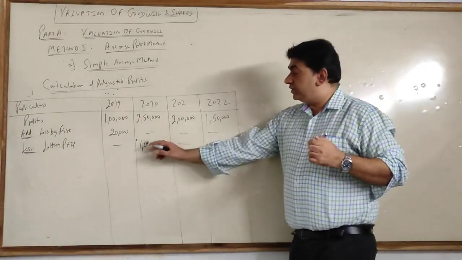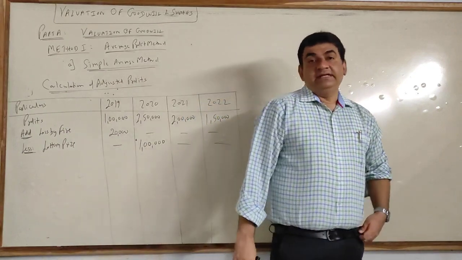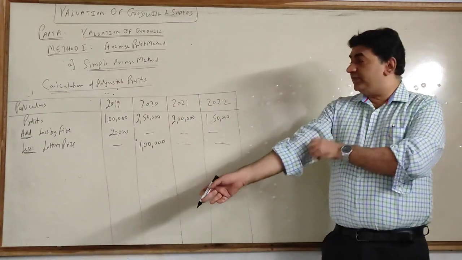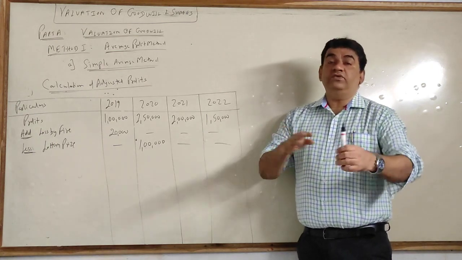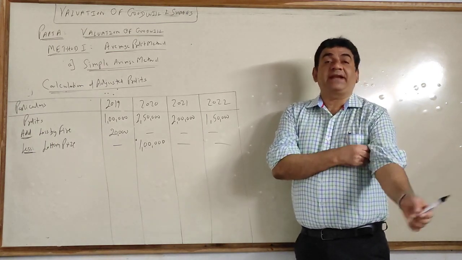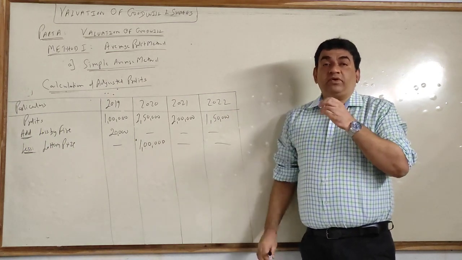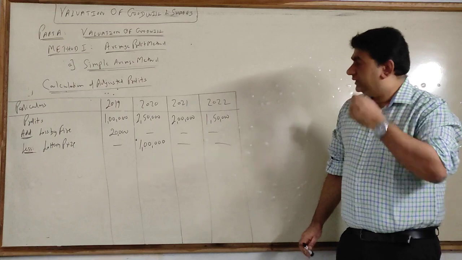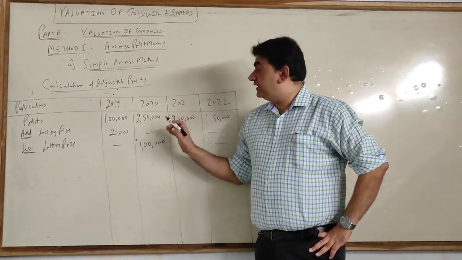Those who are confused, you can put a bracket also, or less ka sign is more than enough. Getting the logic, guys? So there will be few expenses and incomes which will be added, few which will be subtracted. As and when we proceed towards the chapter, you will keep on getting it. Clear? So less lottery price 1 lakh, you will deduct.